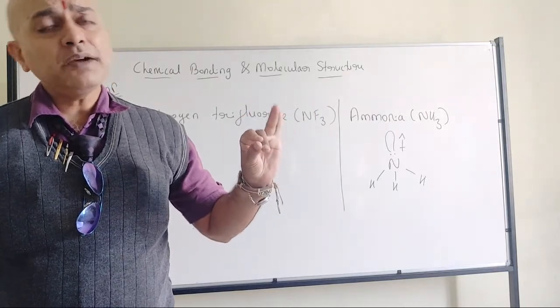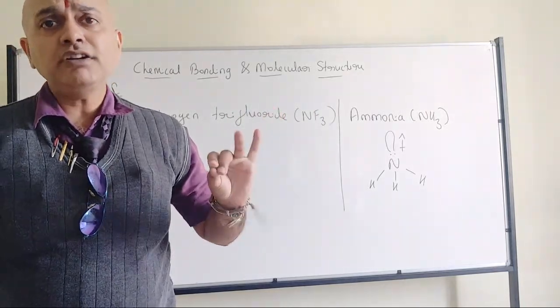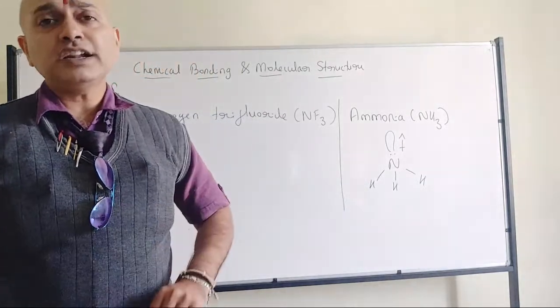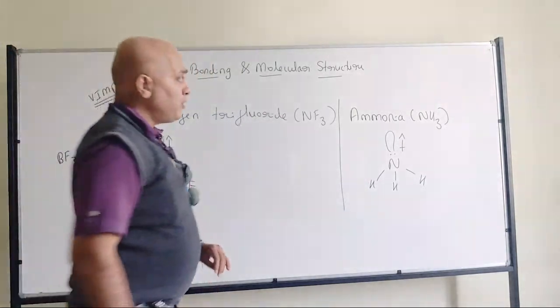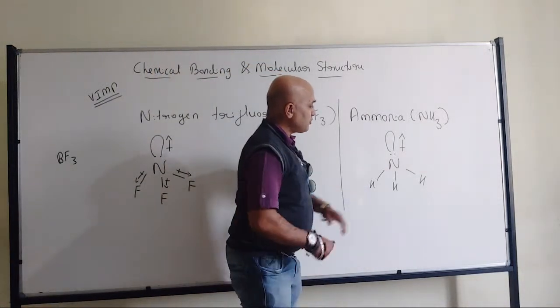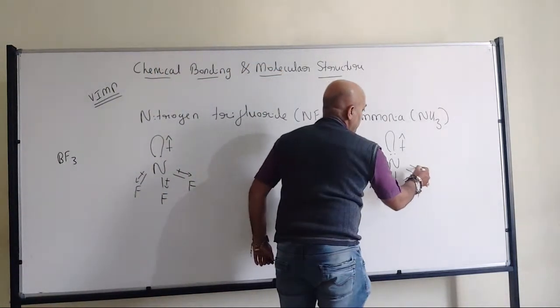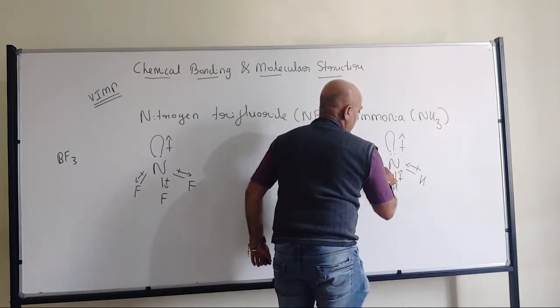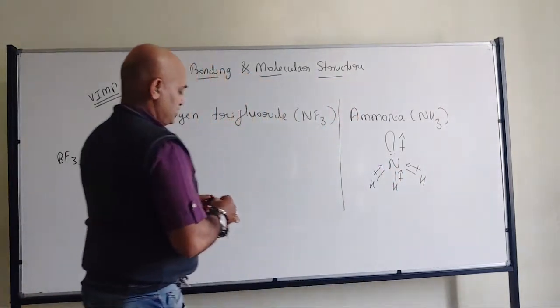Fluorine is much more electronegative, no doubt, but even nitrogen, oxygen and chlorine are also electronegative. So, since nitrogen is electronegative, the dipole moment will be in this direction.